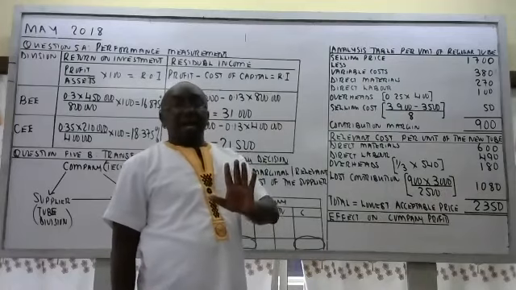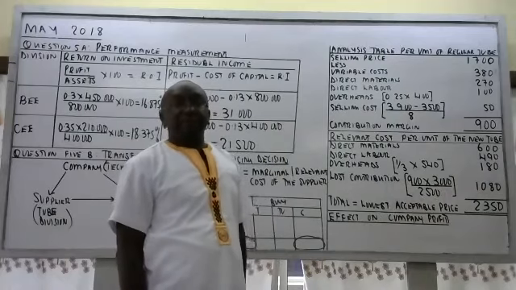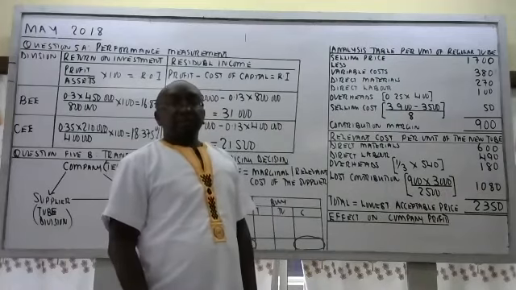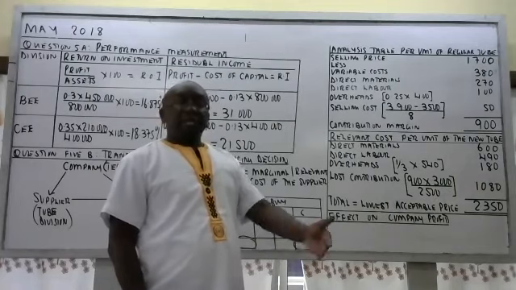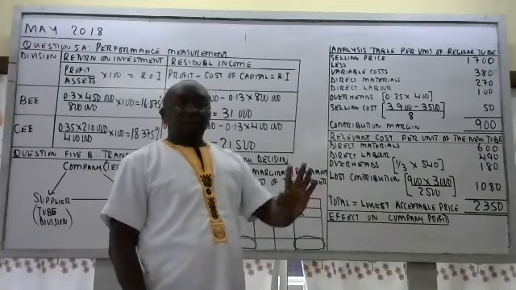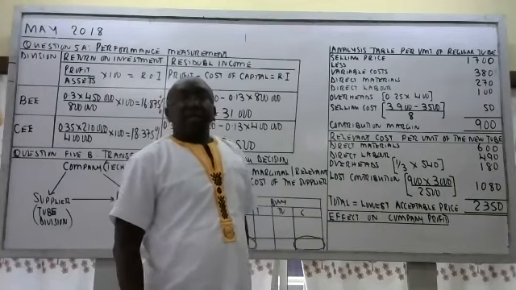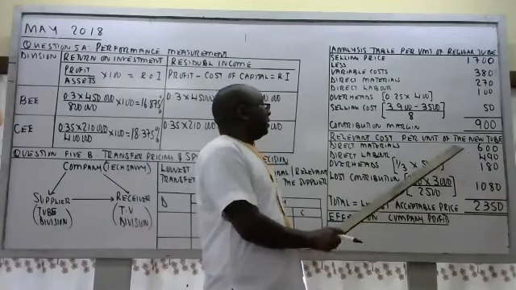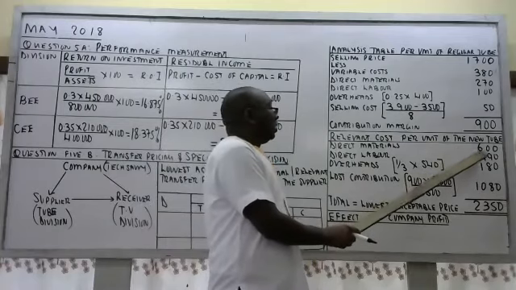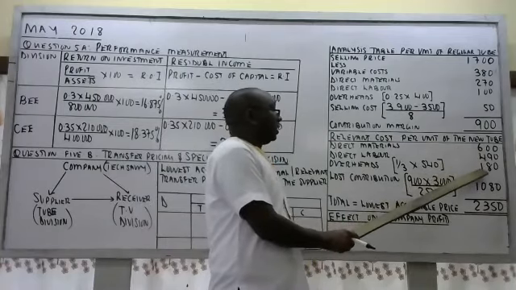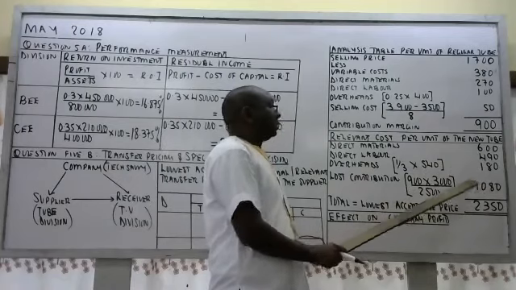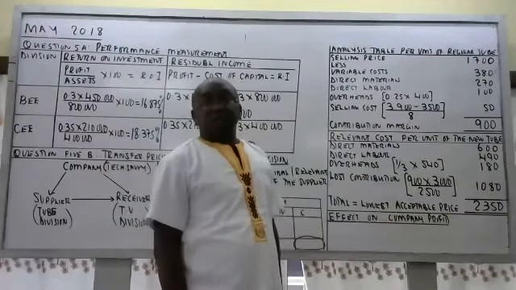But we will not pay an extra money to outsider. But if we decide to buy from outside, then we will not spend this on material, this, or this. We only spend 2,000.